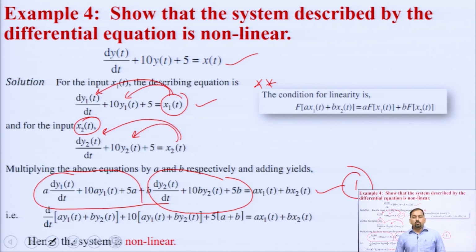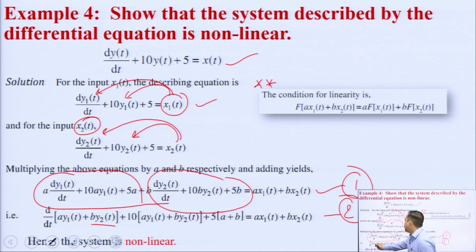Now the equation number 2, we are having a times y1(t) plus b times y2(t), and we are performing addition, and after that we are applying the system. So we are having here equation number 2. Now we can see that equation number 1 and equation number 2 are a bit different. How are they different?